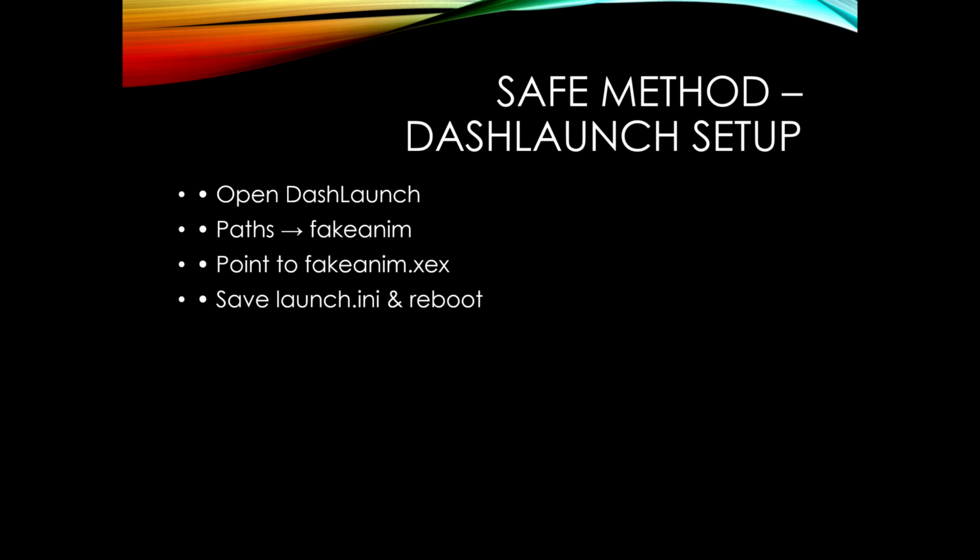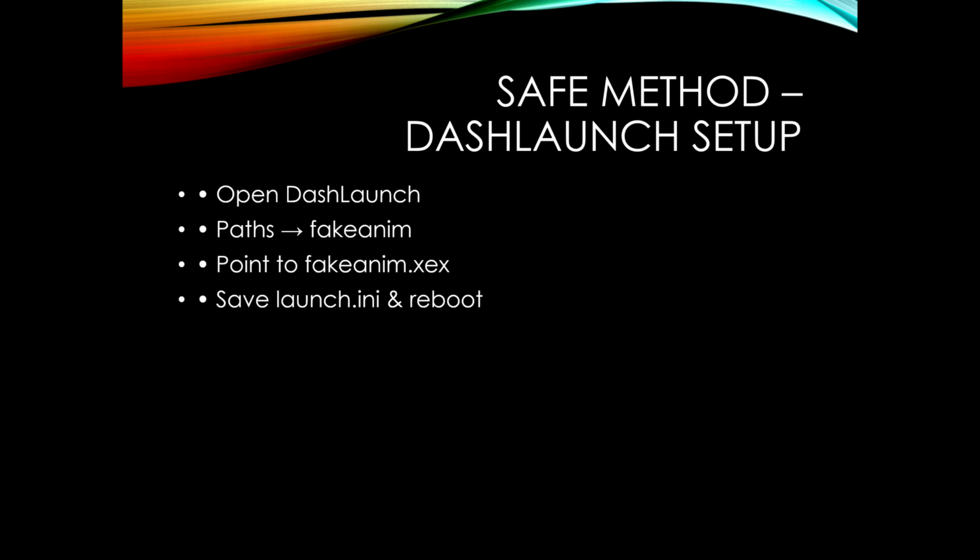In setting up FakeAnim, what you'll need to do is open DashLaunch from your dashboard, and on the path you'll extend that plus symbol, and you'll scroll down and look for the heading that says FakeAnim. That path, you'll select it and you'll browse through your hard drive to where you have the FakeAnim.xex.